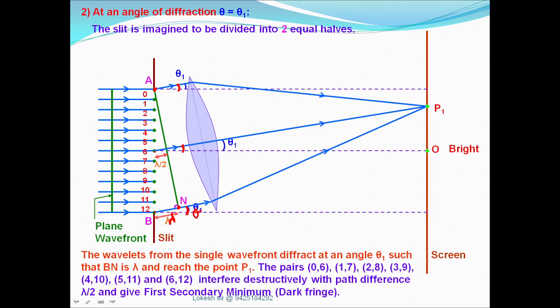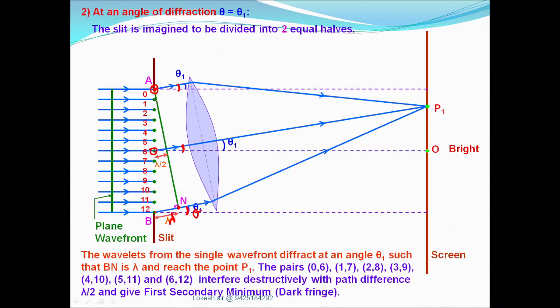So the wavelets from the single wavefront diffract at any angle theta 1 such that Bn equals lambda. Bn is the path difference. Bn equals lambda, and the pairs reach point P1. The pair 0 and 6 have a path difference of lambda by 2.